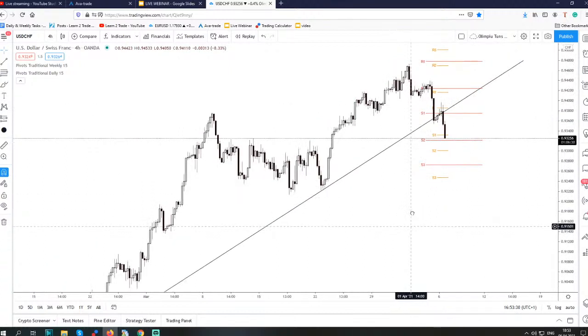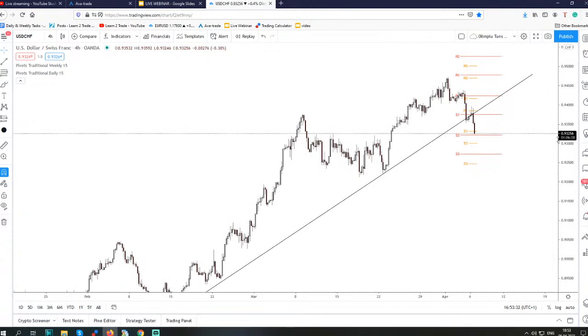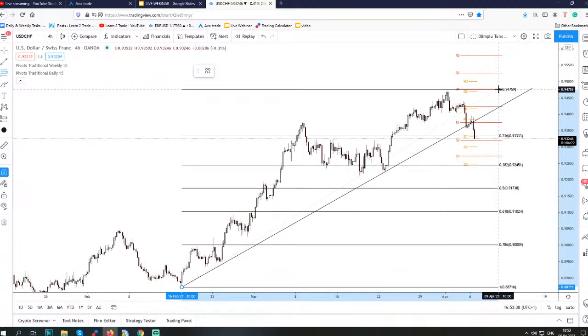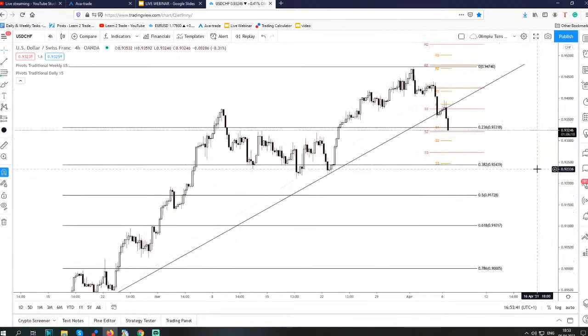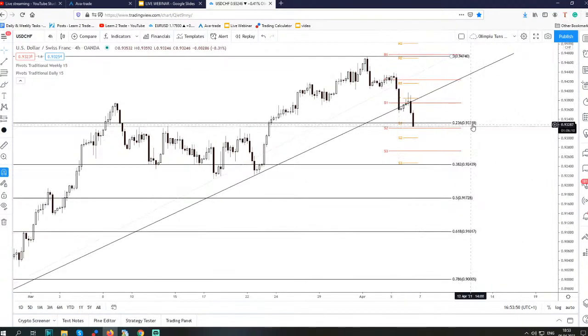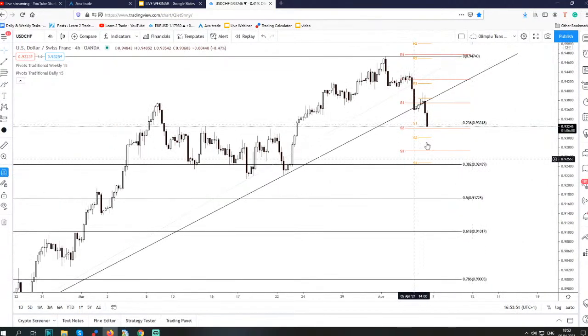Okay, and now we should draw a Fibonacci retracement tool to identify potential downside targets. We know that we have here a corrective phase after this breakdown below the S1 through the uptrend line.